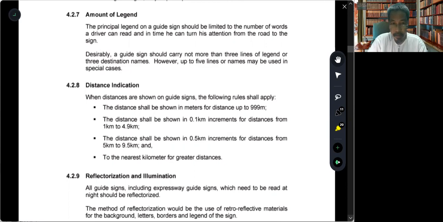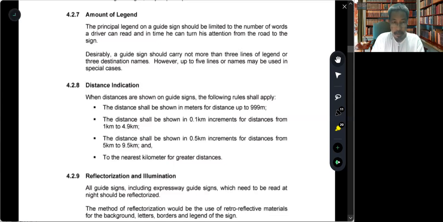The distance shall be shown in 0.5 kilometer increments for distances from 5 kilometers to 9.5 kilometers. So there are different sets of precision according to how far the distances are that have to be shown on the guide signs.